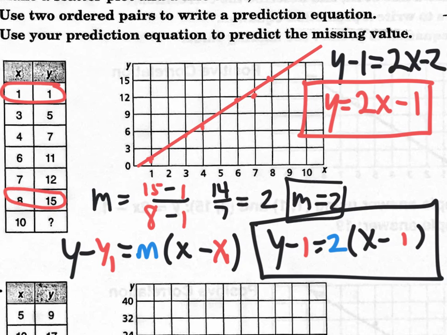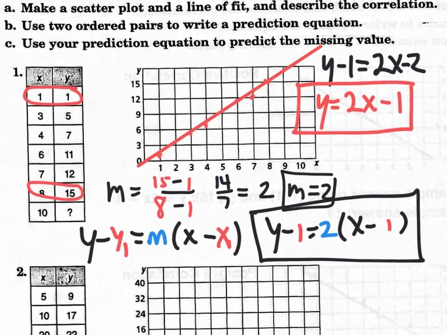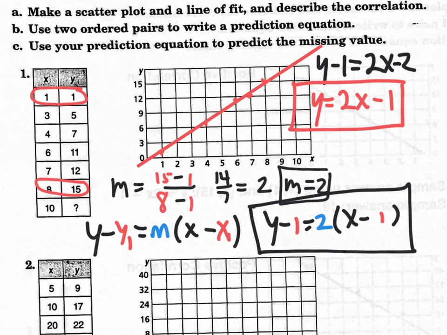Does that make sense? Now, for the final question, how about the input 10? Question? Yeah. Okay, so for the final question, we need to answer what this output will be for the input 10.